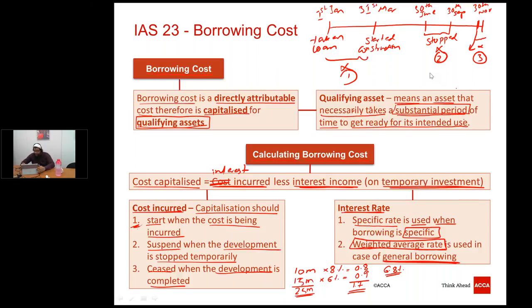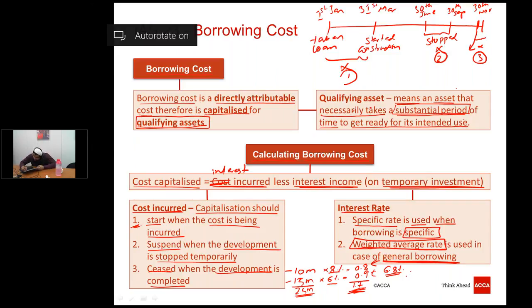Okay, so I'm repeating the weighted average rate again. If I've taken a $10 million loan on 8% interest and a $15 million loan on a 6% interest, and this is a general loan, this does not belong to any specific item, then what do we do? We calculate the amount of 0.8 on the first loan, 0.9 on the second loan, total interest of 1.7.